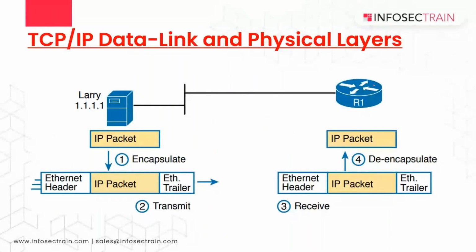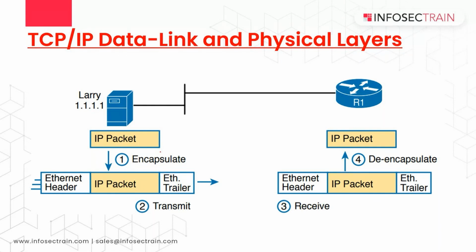Now next are the data link and physical layers. We know how the data is encapsulated and de-encapsulated. Larry here is encapsulating the IP packet between an Ethernet header and trailer. It creates a frame, called the encapsulated frame.